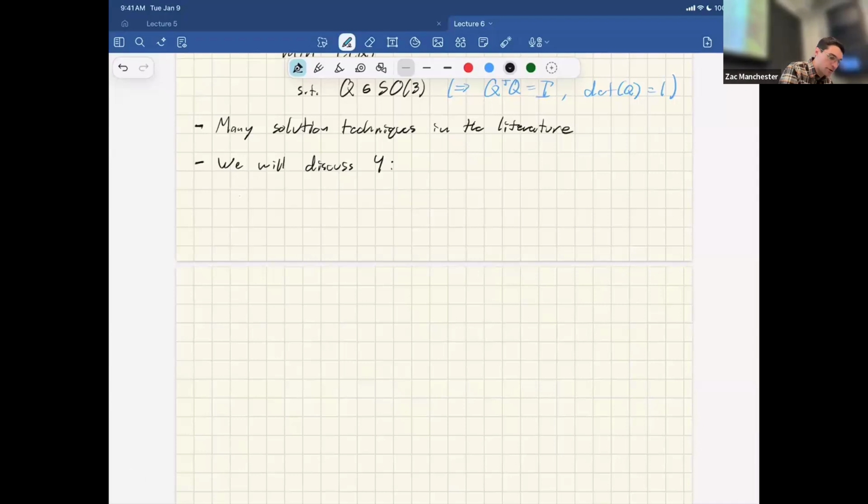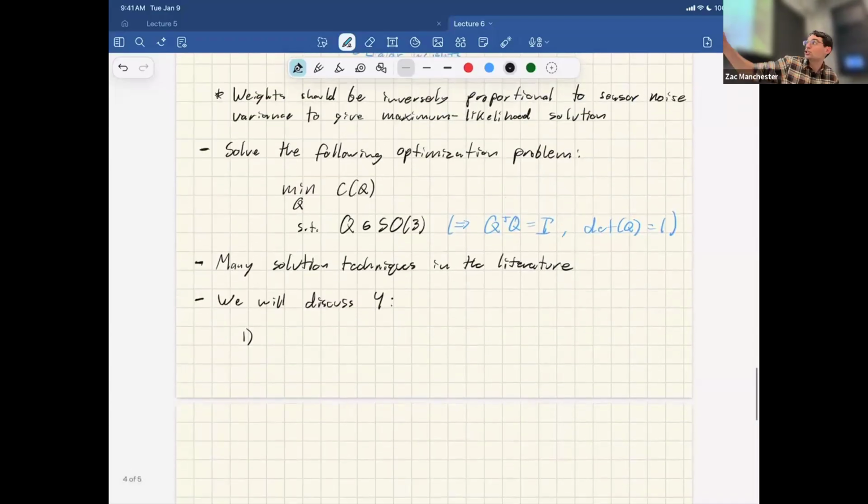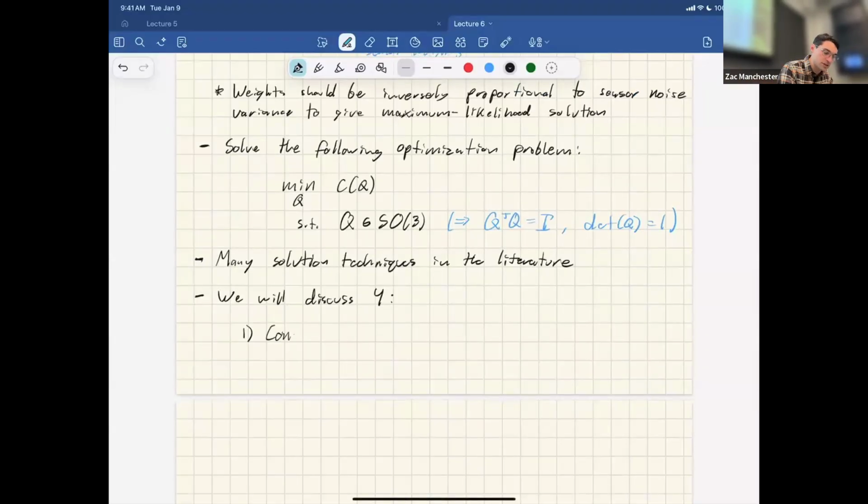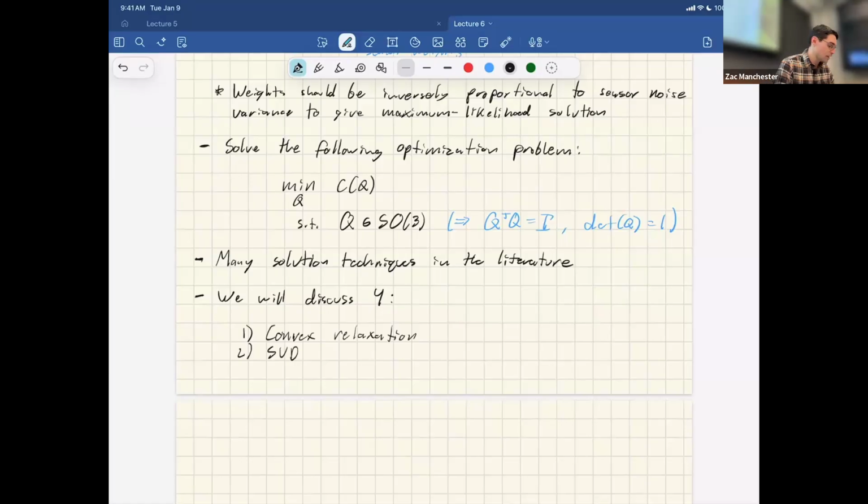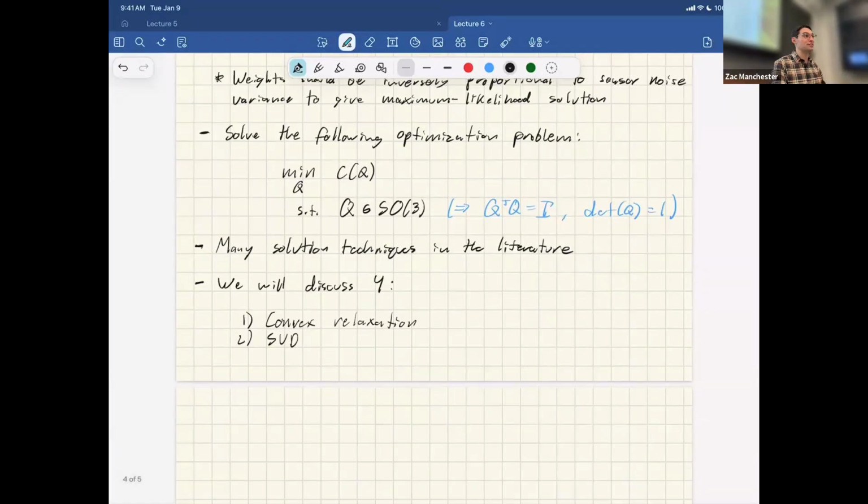So the first one, which is the closest to just straight up solving that optimization problem, is a convex relaxation. The second one is an SVD method, which is the closest to the original published solution from the mid 60s. Back then they didn't call it an SVD because they didn't have nice numerical linear algebra libraries, but it was essentially an SVD.